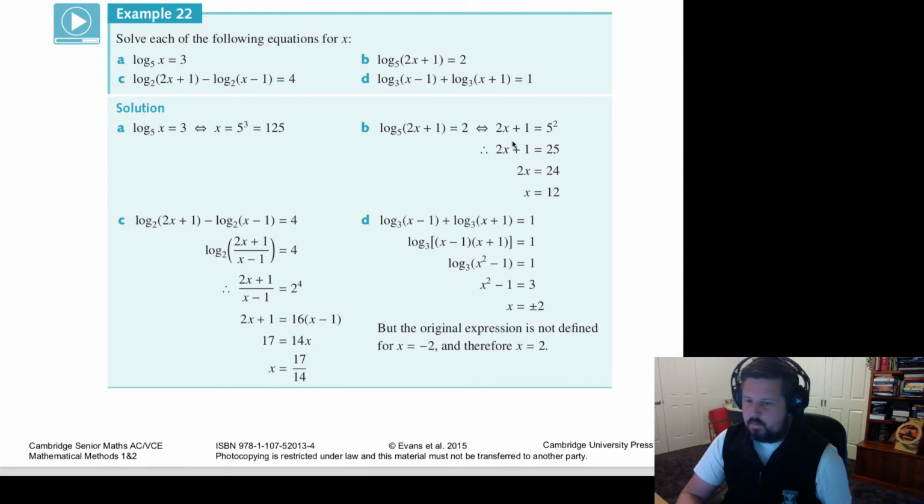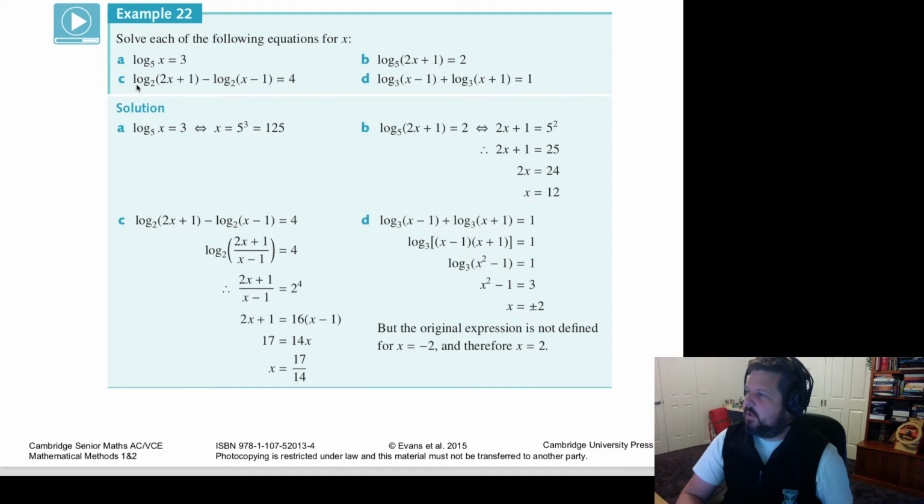And then we can solve for x. We've got 5 to the power of 2 on the right hand side, that's 25. Subtracting 1 from both sides, we've got 24. And then we divide both sides by 2, we get x equals 12.